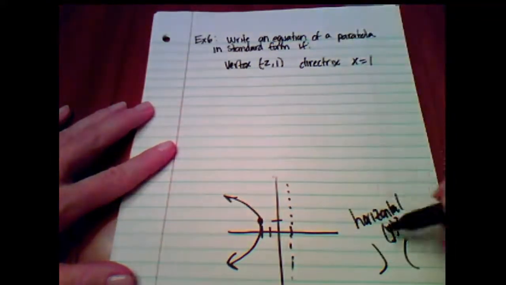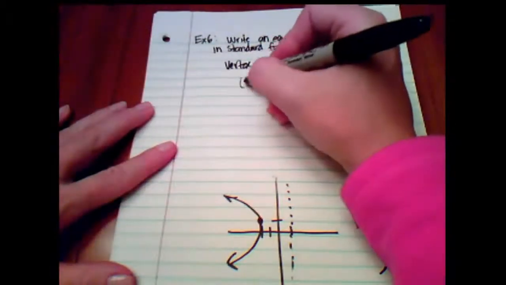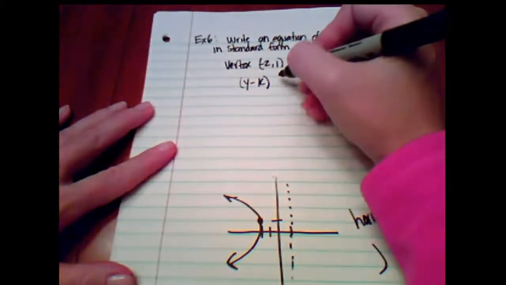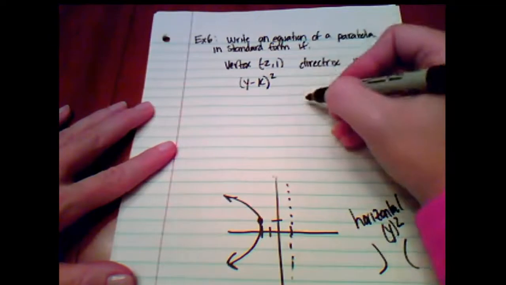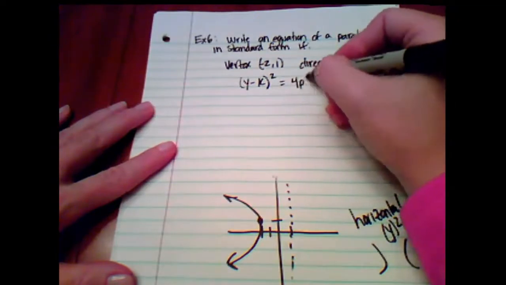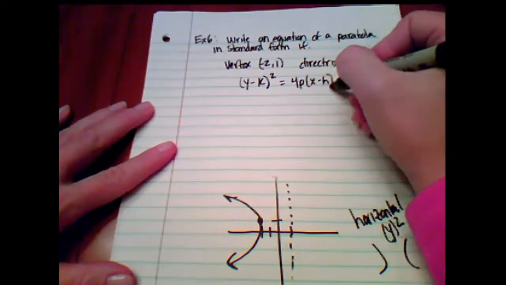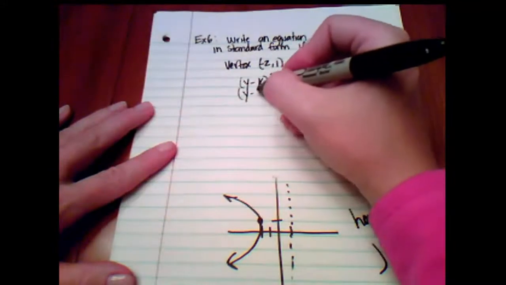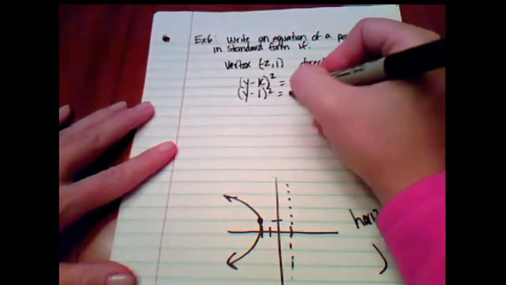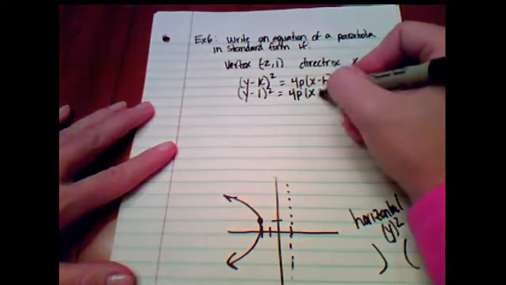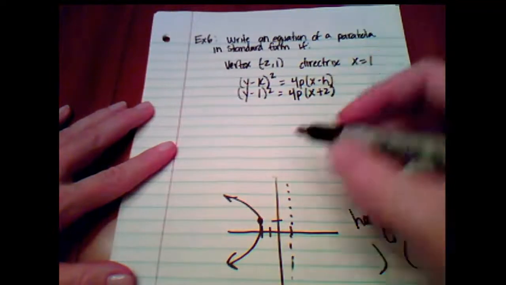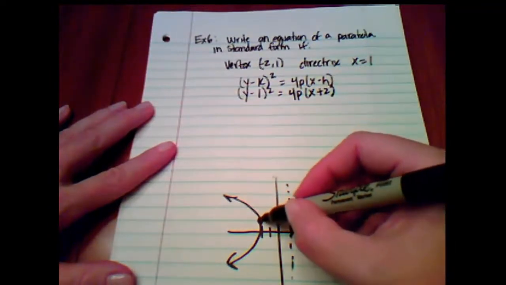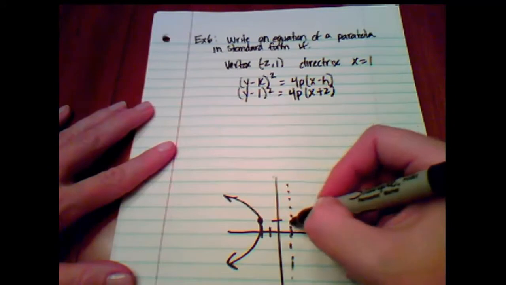So, putting all of this together, I need to use the equation of a parabola in standard form. That's (y minus k) squared equals 4p times (x minus h). I know that my vertex, so let's pop that in, is (y minus 1) squared, 4p times (x plus 2). And I know my p-value has to be the distance from the vertex to the directrix.